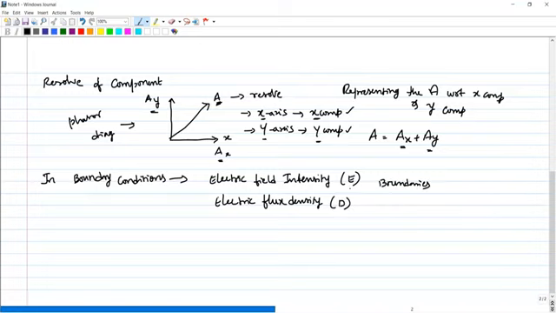We will analyze how E is changing, how D is changing, or what conditions E and D have to fulfill.